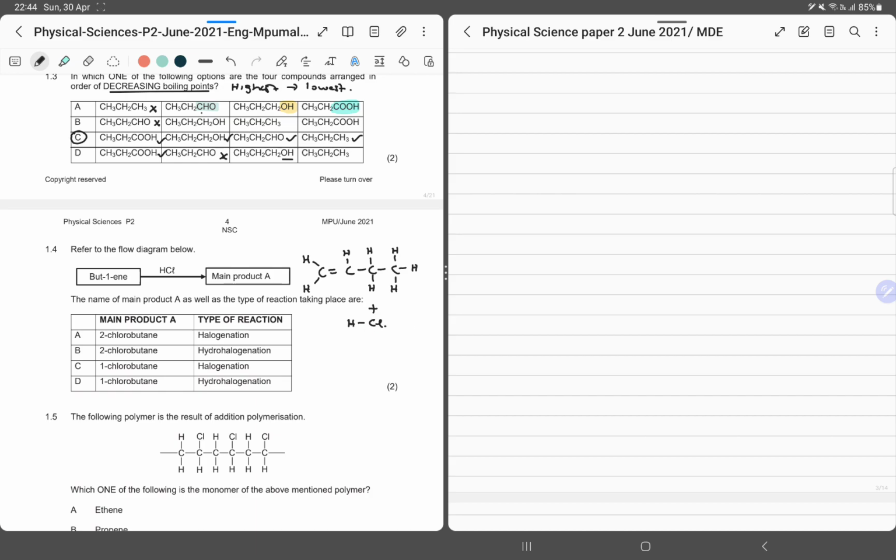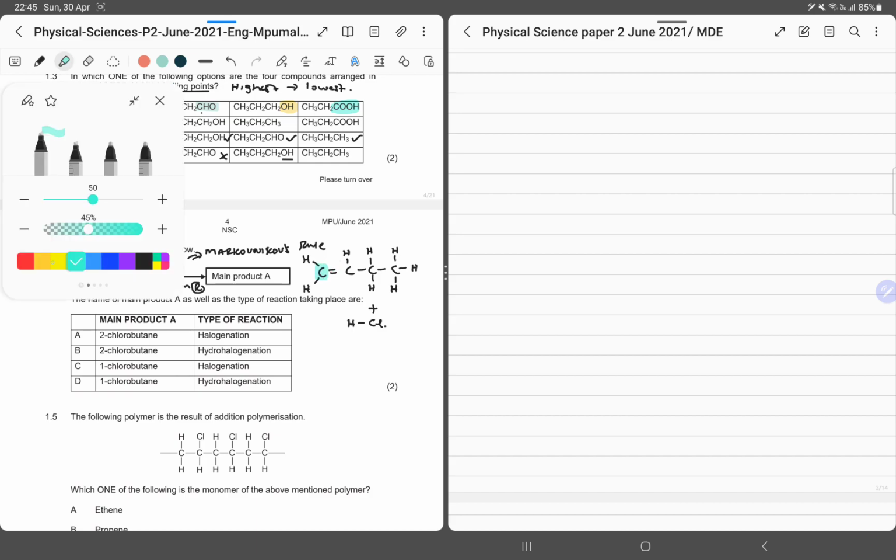Now, because this is an unsaturated hydrocarbon, in essence we're doing an addition reaction. With an addition reaction, we know that we are going to be looking at Markovnikov's rule. Markovnikov's rule says you're looking at the two carbons that participate in the double bond.